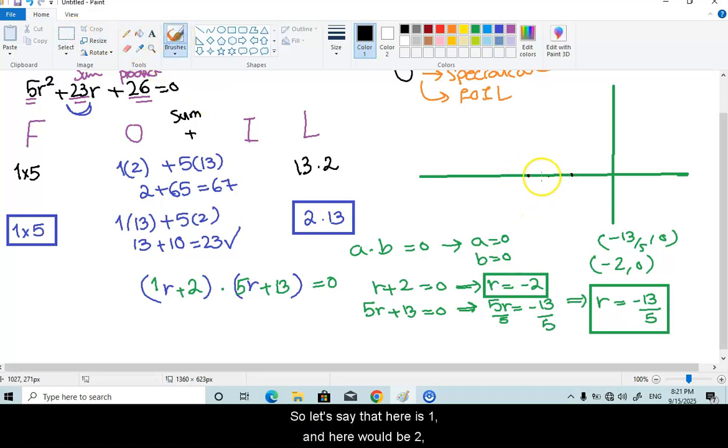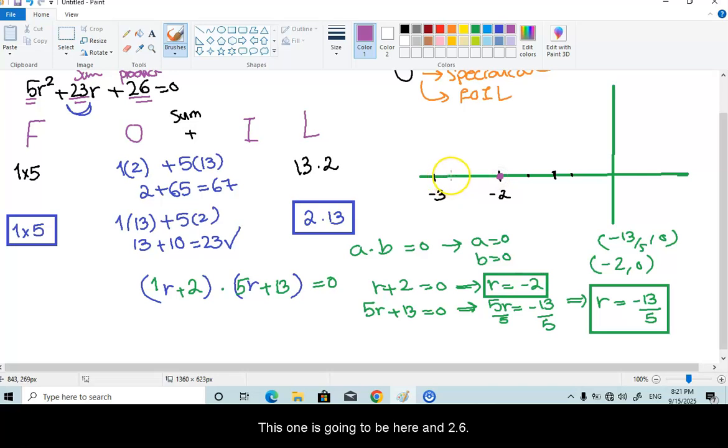So let's say that here is 1, and here would be 2, and here would be negative 3. So negative 2 and 0 is going to be here, and negative 2.6, let's say it's going to be here, and the graph is a minimum.